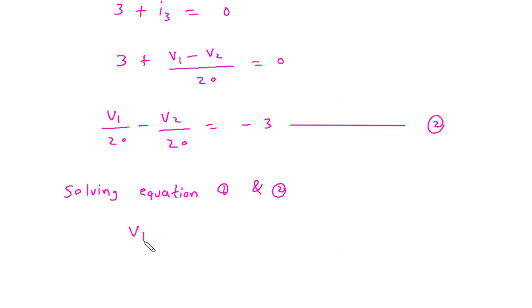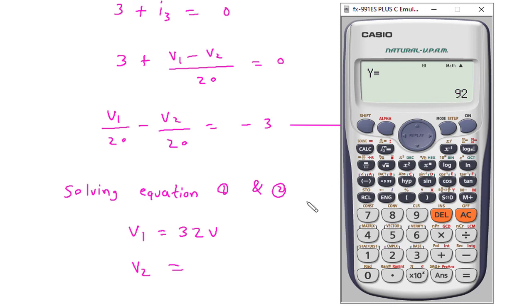So V1 is equal to 32 volt and V2 is equal to 92 volt.